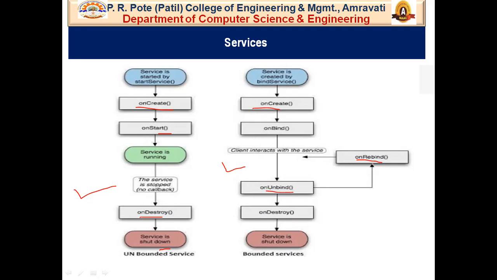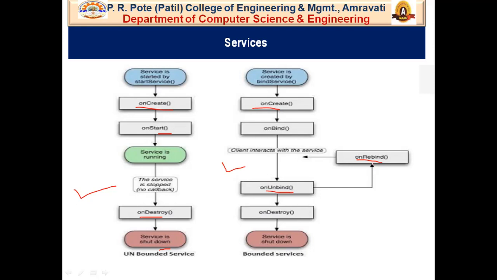If in onUnbind there is no new request, the flow is fine and the service is unbound. Then it comes to the onDestroy method. From here, the service is shut down or the work has been completed.